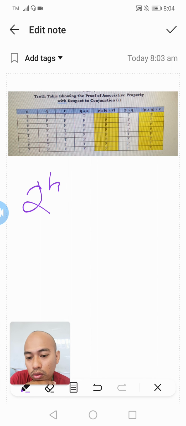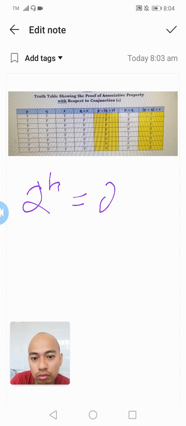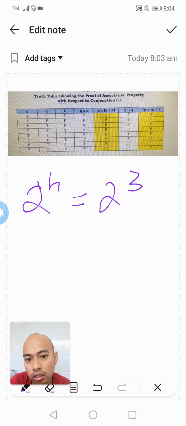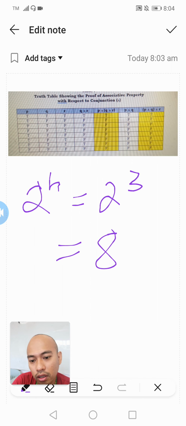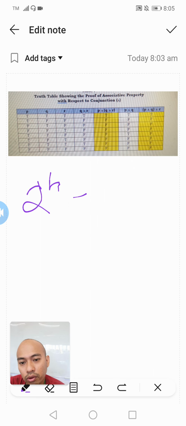So this will be 2 raised to 3. Okay, what does it mean? If we are raising to 3, this will be equal to 8. So we'll be having 8 truth values in this case. Okay, so wala tayong problema dyan.